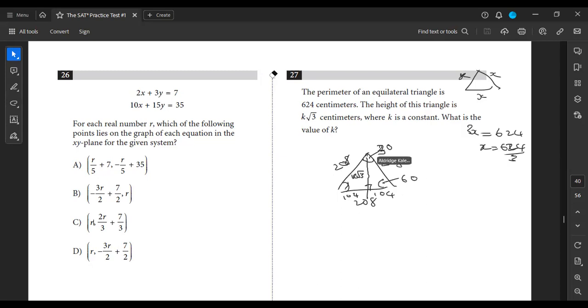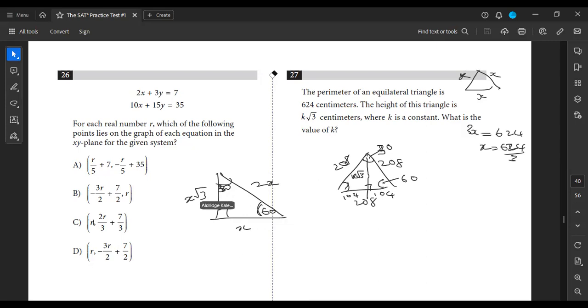If you remember something about 30-60-90s, the hypotenuse is 2x, the height is x, and the base is x root 3. In this case, because my 30 degrees is here, the shortest side will be x here. The side opposite 60 is the one that's x root 3.